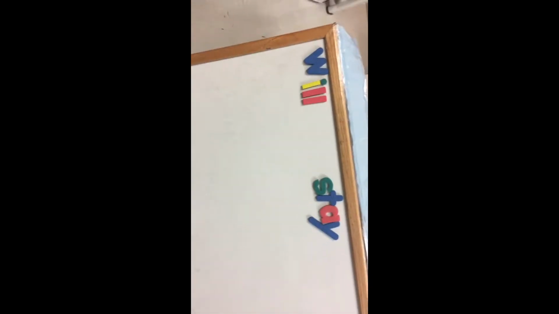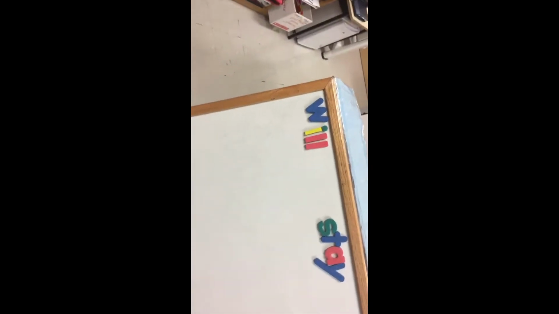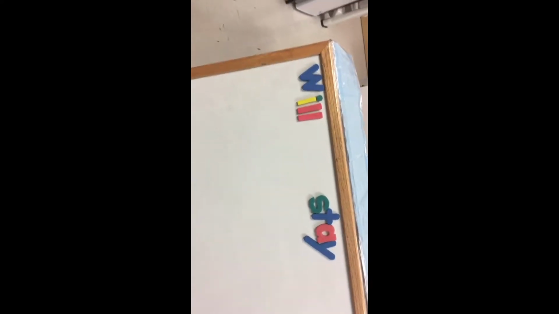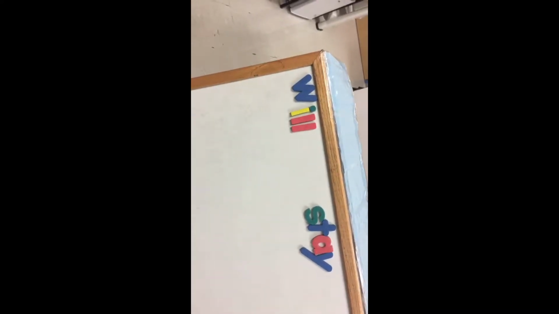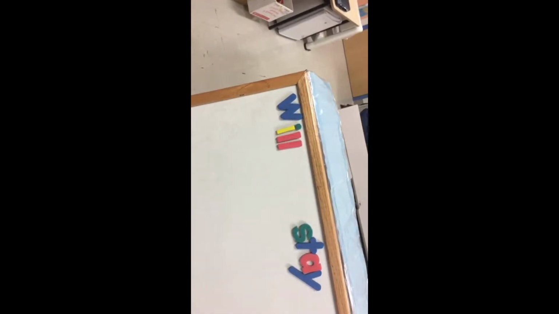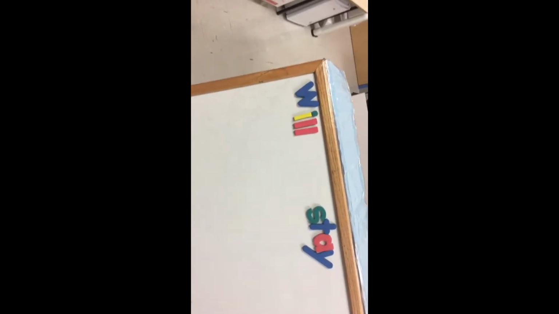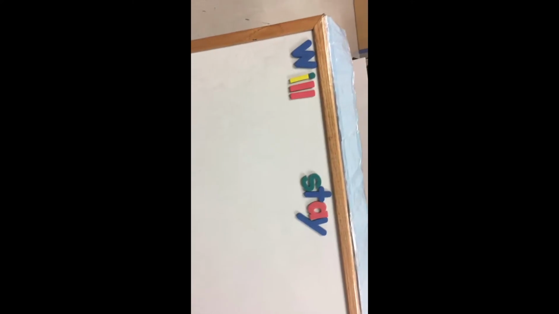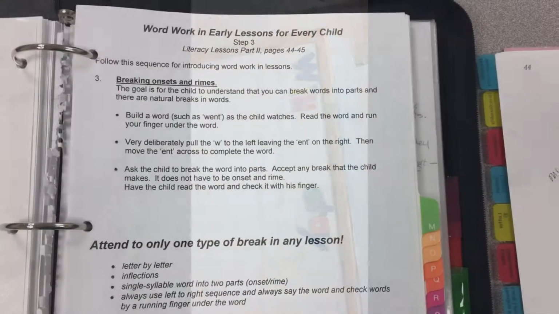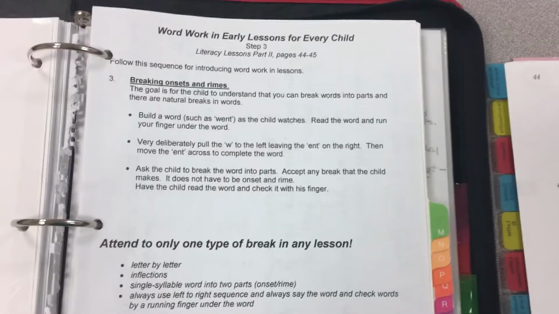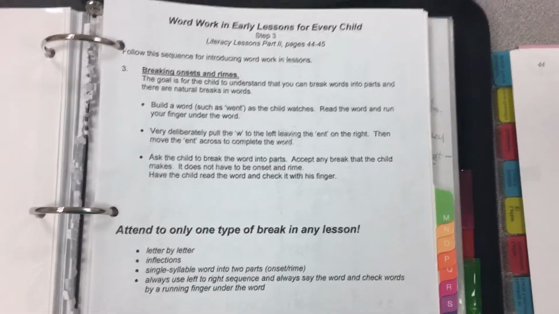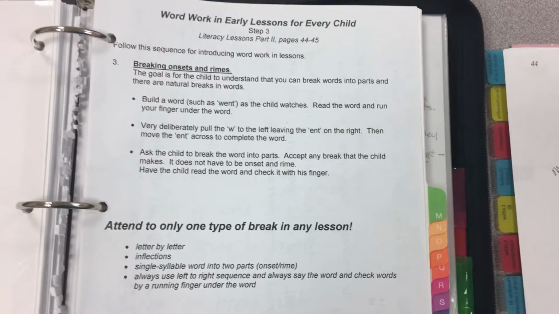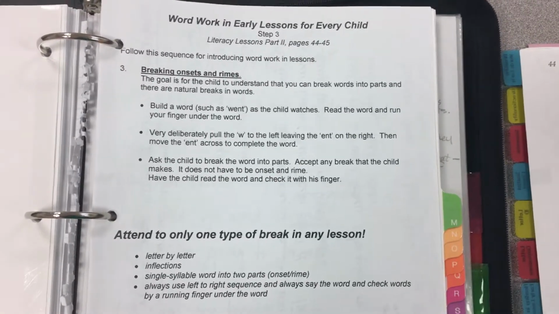And then I'm going to prompt her to break it into two parts. Since it's the beginning, I'm going to accept any way that she does it. And then I'll start to guide that student into noticing helpful parts. If you'd like to pause this video for a second, here is a little handout I got on breaking words, onset rhyme.